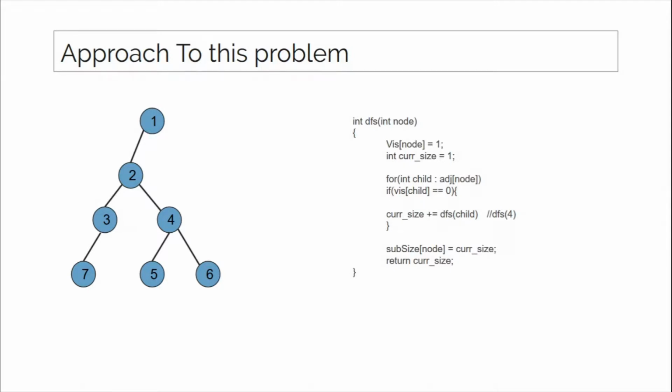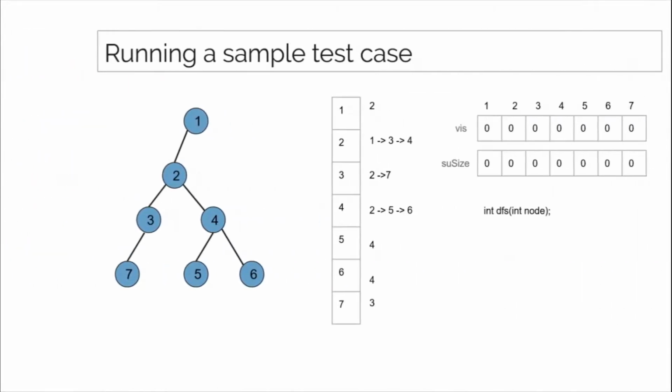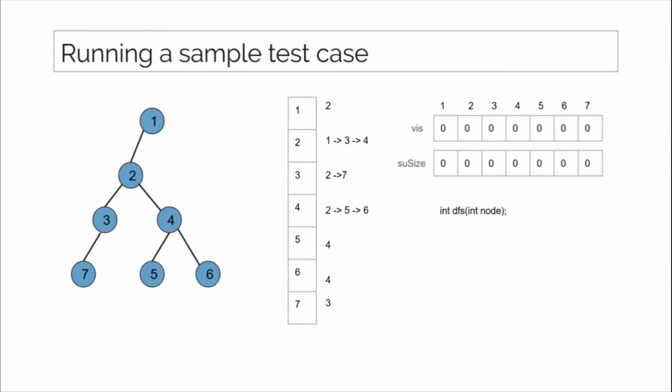Now this was all about theory, so let's test this on this sample test case. So this is DFS, as we know, it would return the subtree size of the current node. Now since node 1 is the root, we would make a DFS call to node 1.